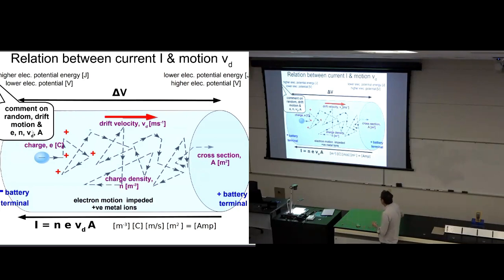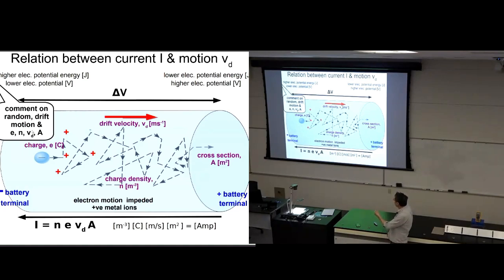Okay, so here's the section of wire again. Here's a potential difference across the wire, maybe confusingly, I've reversed the terminals here. So now the negative terminal is on the left and the positive terminal on the right.